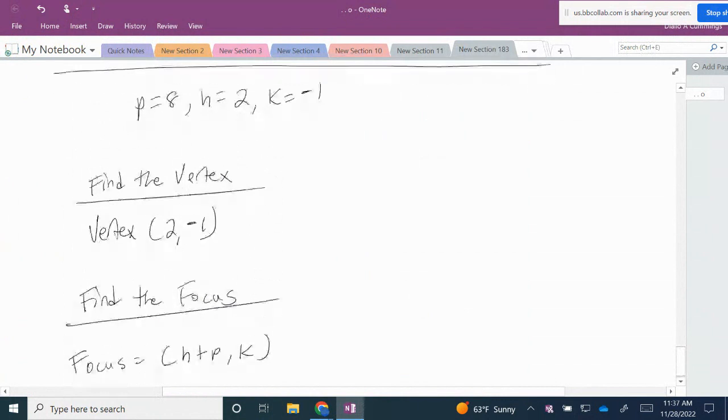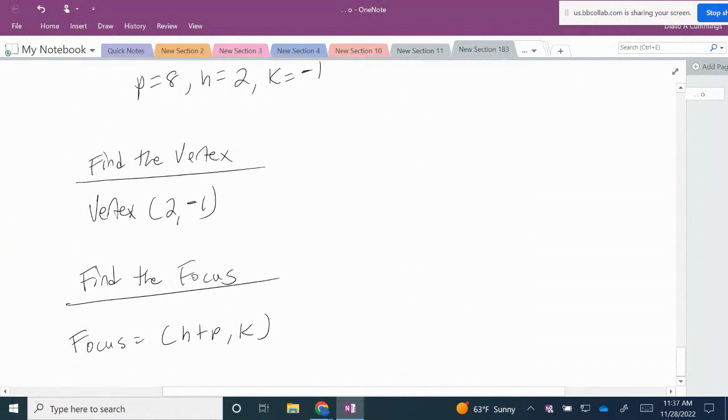I know that h is 2, k is negative 1, and p is 8.